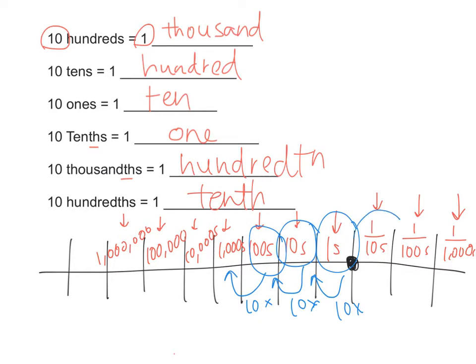We also said it would take 10 tenths to make 1, and 10 thousandths to make 1 hundredth, and 10 hundredths to make 1 tenth. So what relationships do you see between the different places on the place value chart?